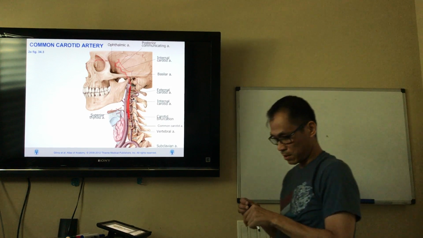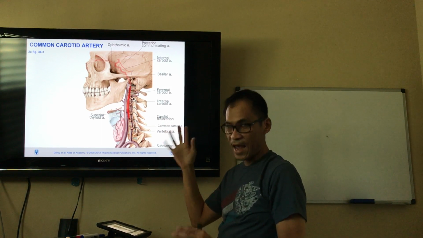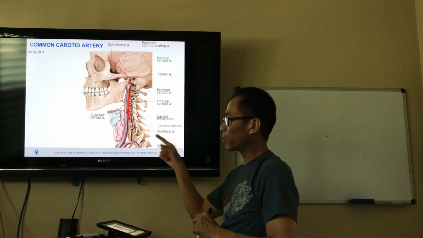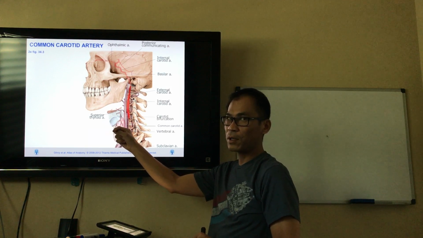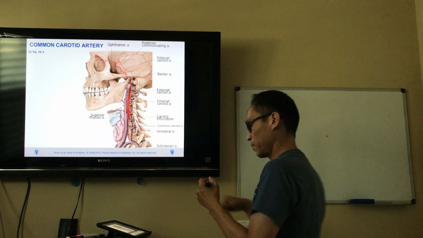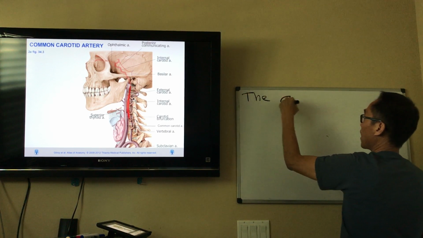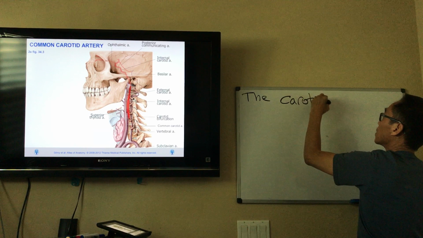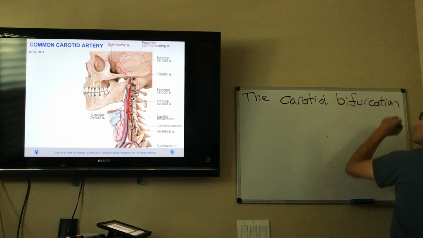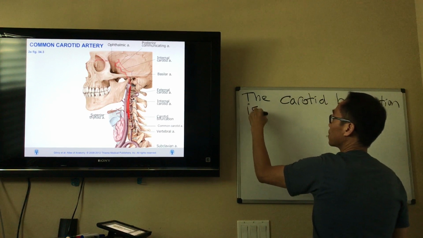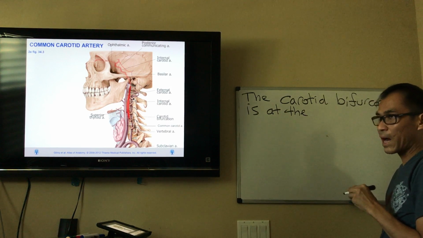And one thing you may notice is that carotid bifurcation, which is the end of the common carotid artery, occurs at about the level of the superior border of the thyroid cartilage. So let's write that down as a note. The carotid bifurcation is at the superior border of thyroid cartilage.